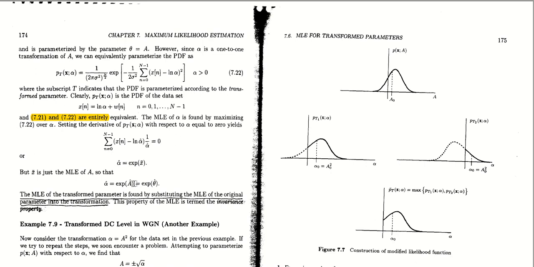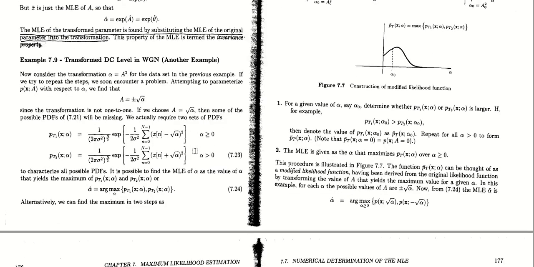Invariance property meaning that if you have an MLE for A, and we are interested in a function of A, you just take the function of the original MLE, then you get the new MLE of the function of A.